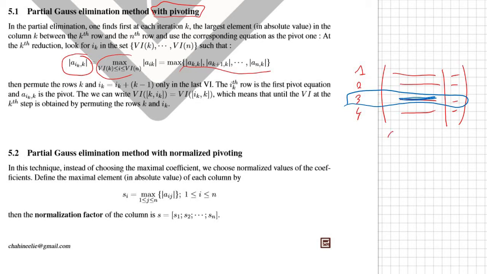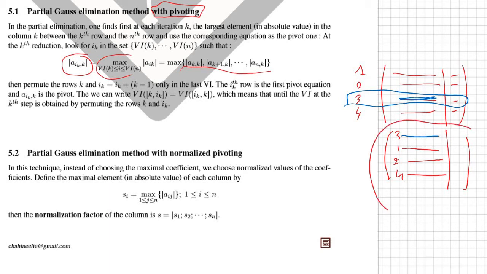Instead of exchanging the rows and putting equation 3 here, then equation 1 here, 2 here, and 4 here, because this is a time-consuming thing when you are programming a large matrix. If you have this matrix and you want to exchange row 3 with row 1 on the computer, how would you do it?